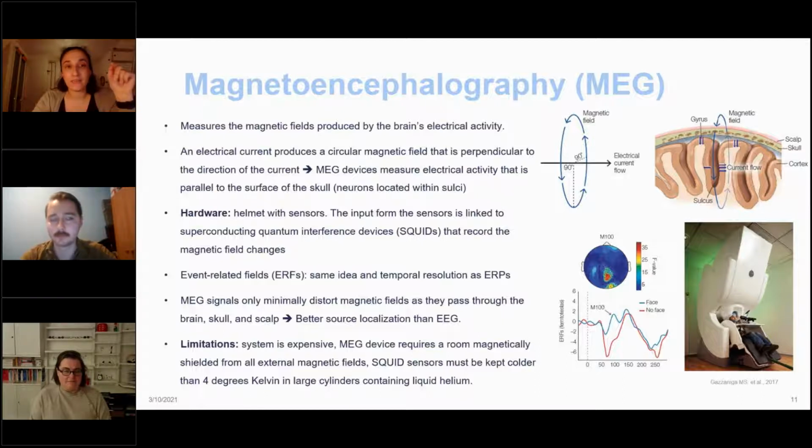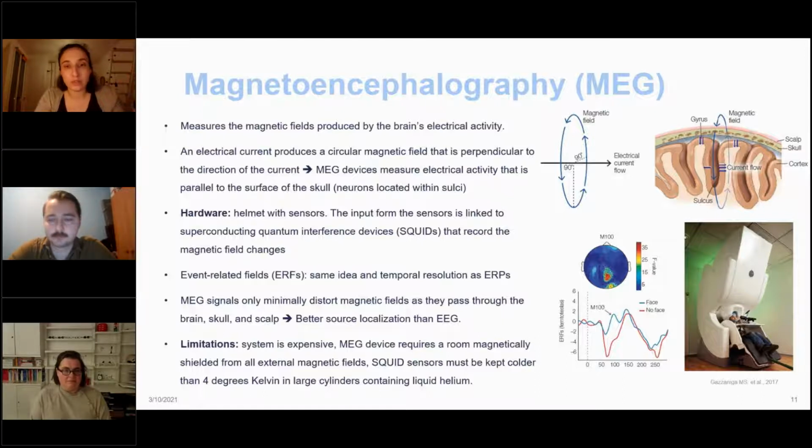Because the electric activity and magnetic field produced by the brain are so small, the MEG device should be in a room that is magnetically shielded from all external magnetic fields, including the Earth's magnetic field.